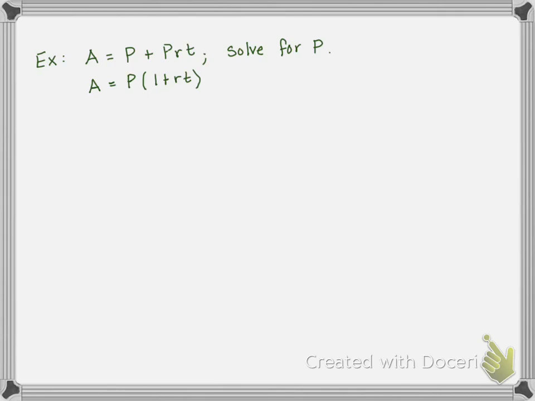And now we're just going to divide both sides by whatever P is being multiplied by. We don't have to worry about what's in the parentheses or how messy or not messy it may be. You're just going to divide by the whole thing. So we end up with A over (1 plus RT) equals P.